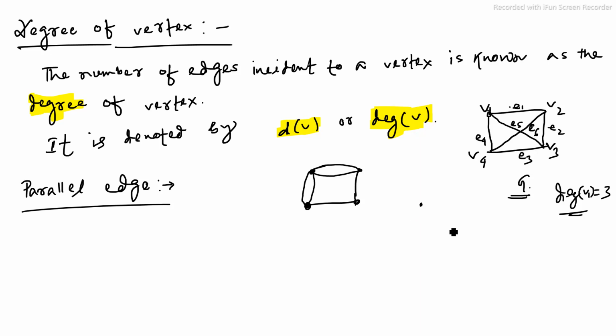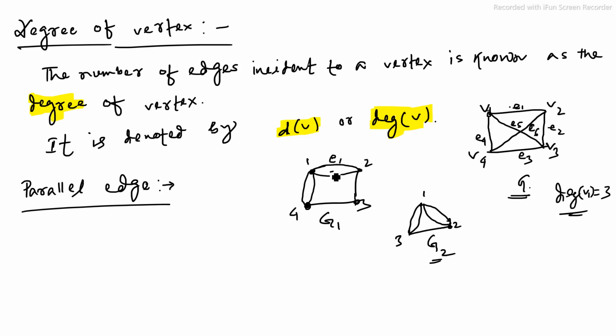Like here also, this, this, and this. So suppose this is G1 and this is G2. Here 1, 2, 3, 4, and 1, 2, 3. So the number of nodes here is 4, and in G2 the number of nodes is 3. What are the edges here?